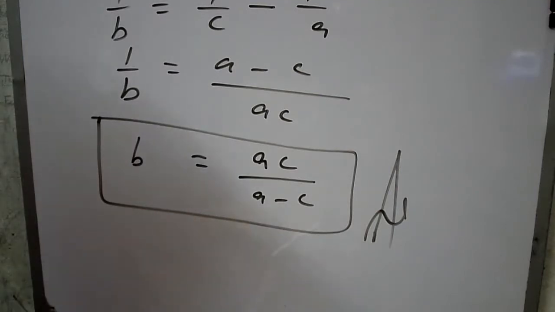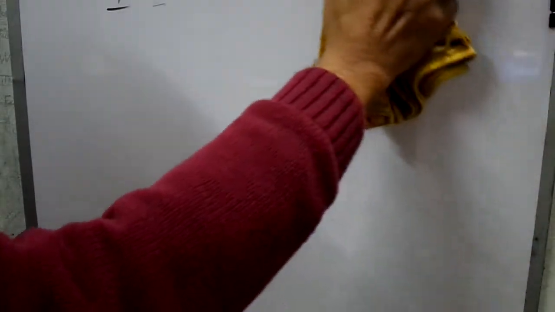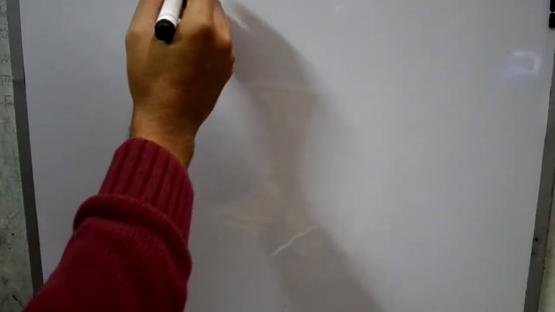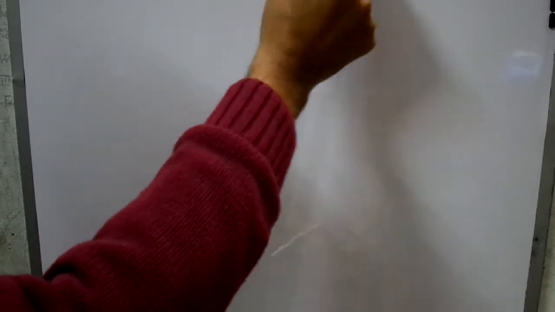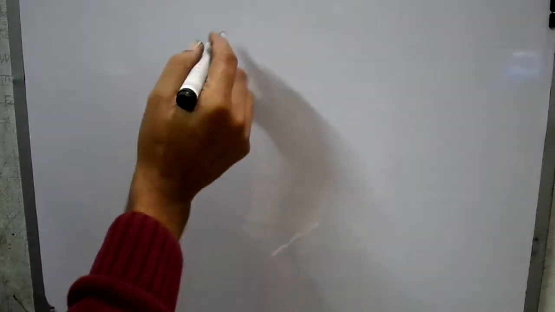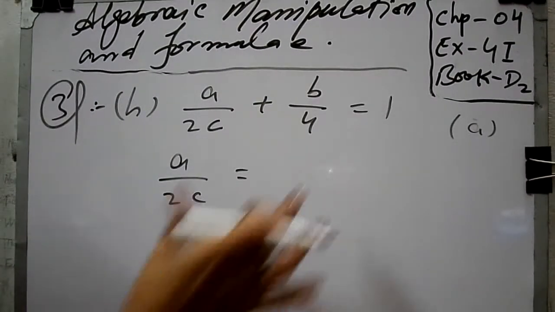Now coming to the next part, that is your H part. In H part, that is A by 2C plus B by 4 is equal to 1. So you need the value of A as the subject. So leave here A by 2C is equal to 1, that is your given question.